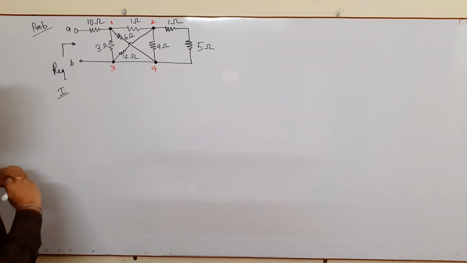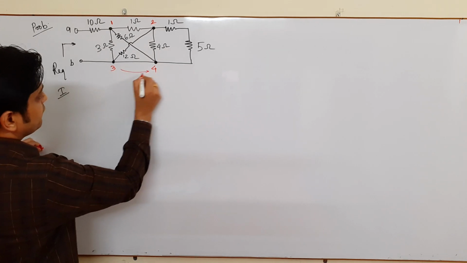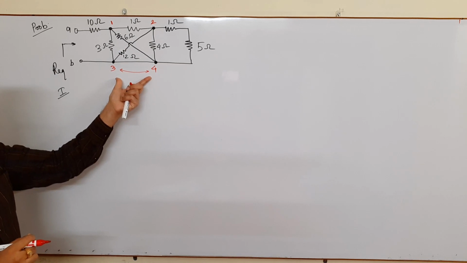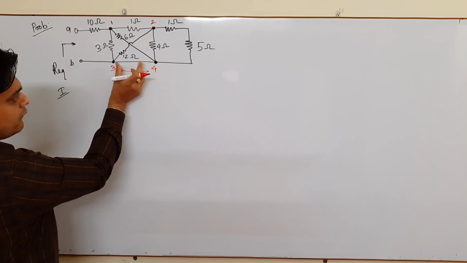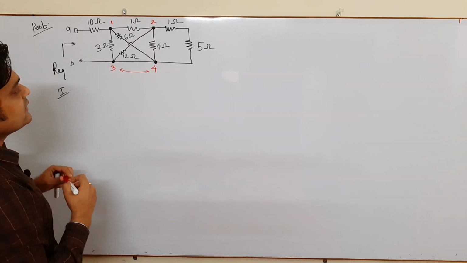Now if you see between these two nodes, 3 and 4, you will find there is no resistance. So you can say these are nodes of the same potential.